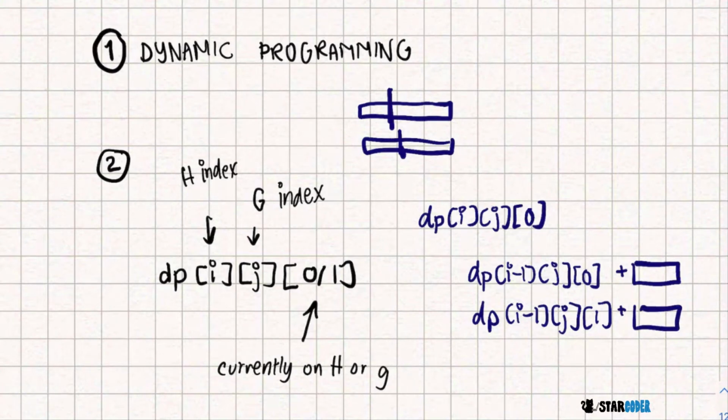In the case of dp[i][j][0], we're moving the I or the H cow, so we're going to need dp[i-1].